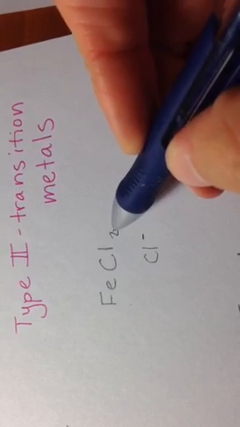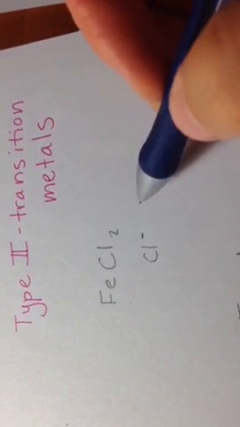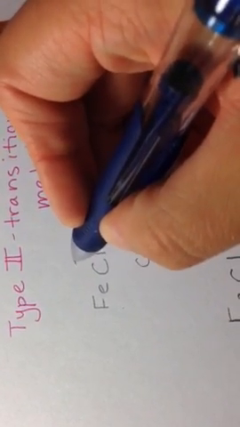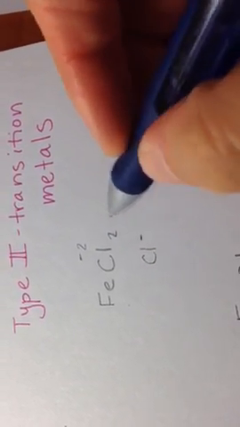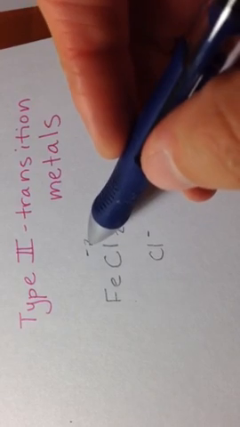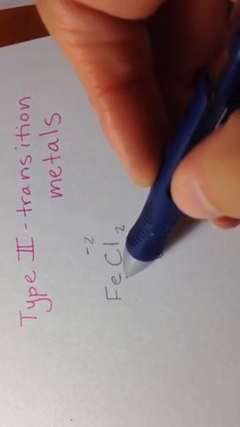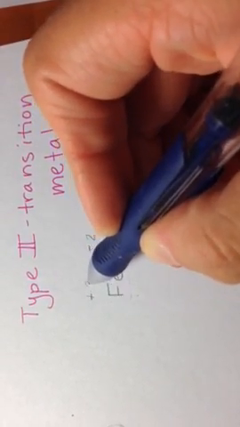But if we look at this particular compound, we have 2 chlorines. So this part right here has a total charge of -2 because you have 2 of these. In order to balance out that -2, what must this iron have? It must have a charge of +2.